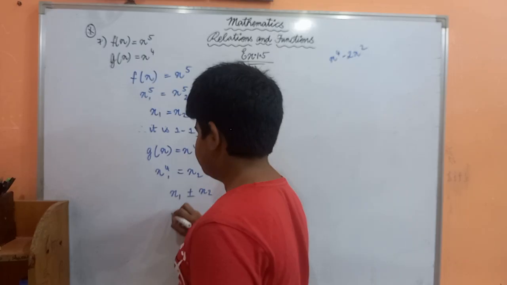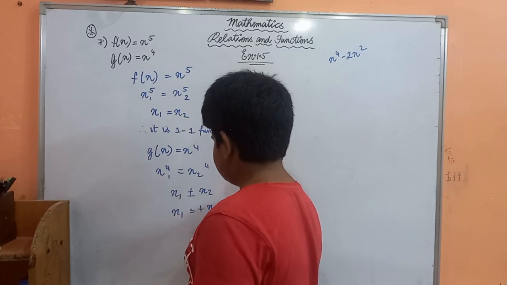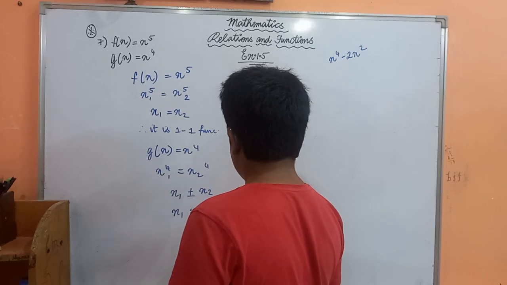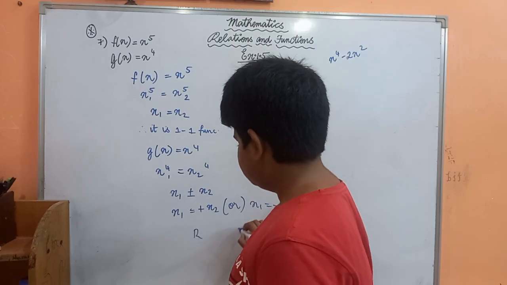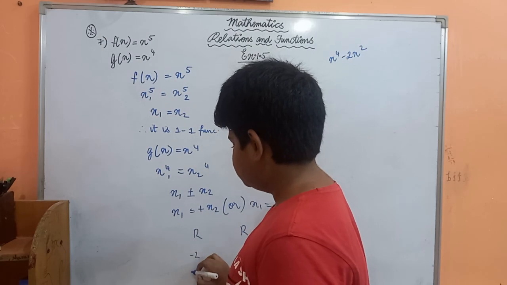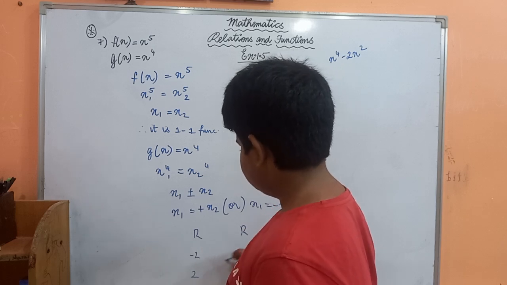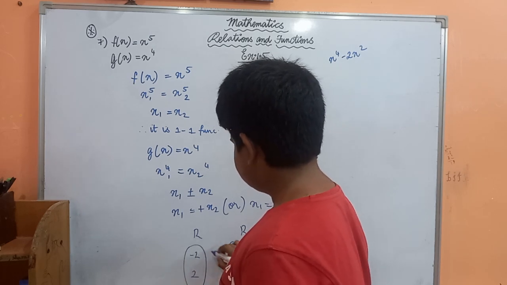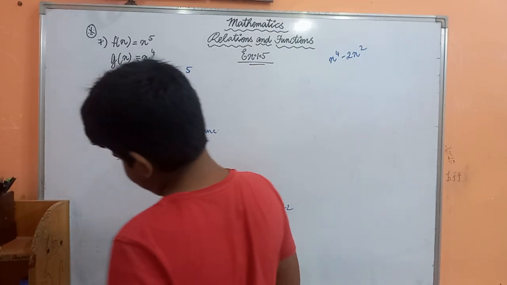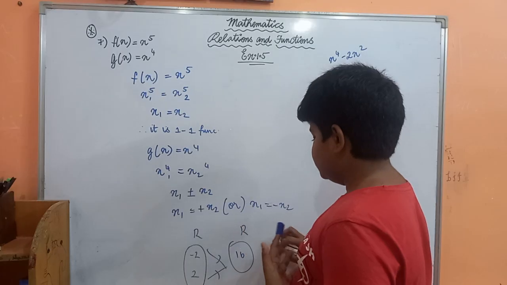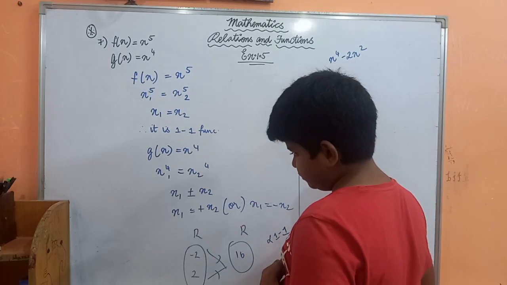So you can just say x1 is equal to plus x2, or x1 is equal to minus x2. For example, minus 2 and 2 both give 16. Since every element in the domain does not have a unique image, it is not one-to-one.